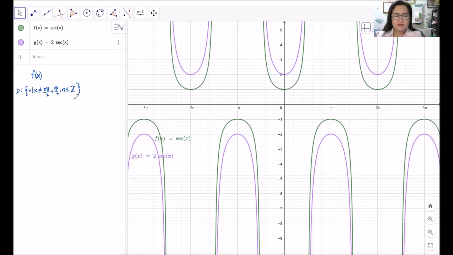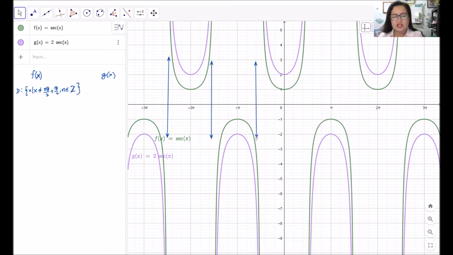For g of x, is there a change in the domain? Notice that the vertical asymptotes did not change. We still have the x-intercepts of the cosine function.